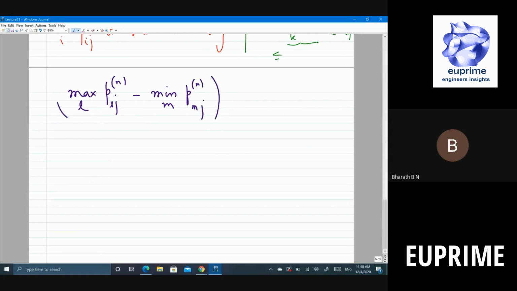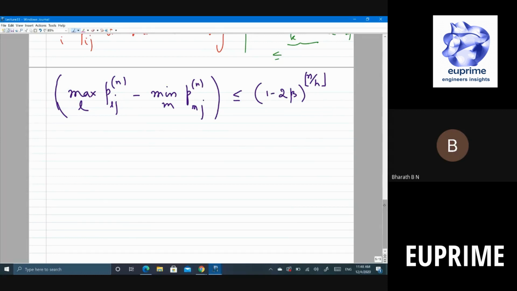This is less than or equal to (1 minus 2 beta) to the power n by h. Why is this true?